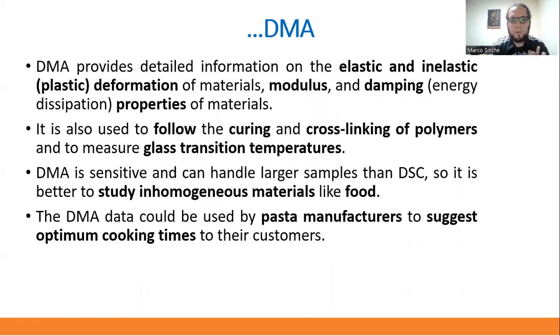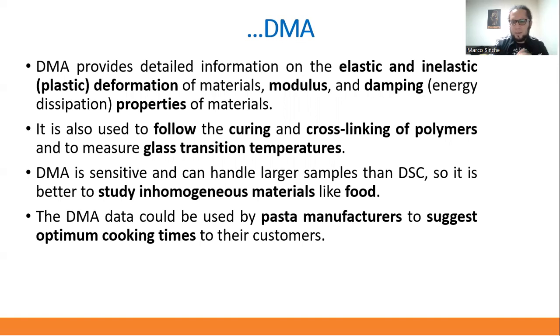This technique provides information about elastic and inelastic deformation, which is known as plastic, and other important parameters such as the modulus and damping properties of different types of materials. In polymers, it is used to follow, for example, a curing process or a cross-linking process of this type of materials, as well as measuring the glass transition temperatures.